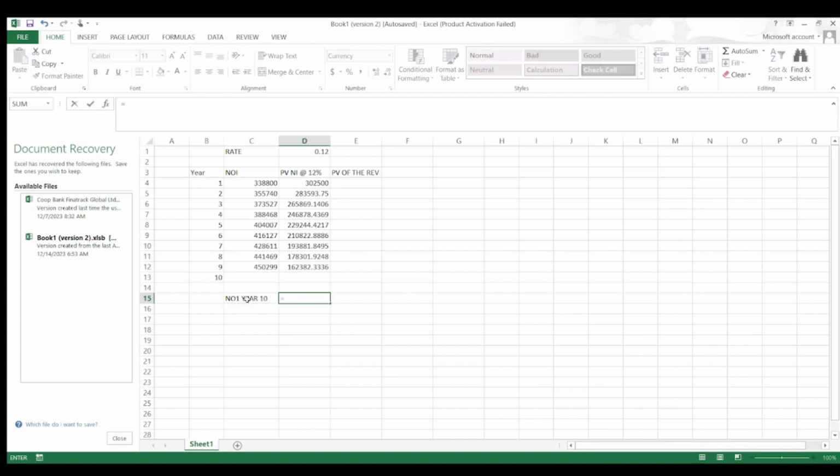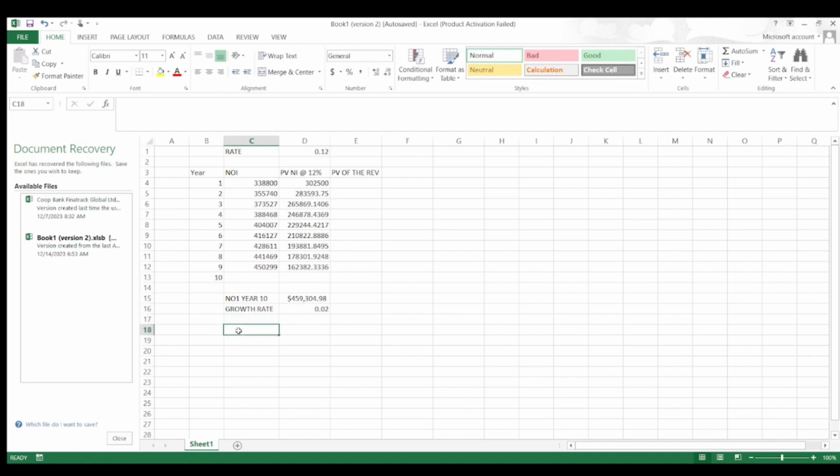So in this case, it will be this multiplied by 1.02, since 2% is the growth rate. And then we also need to note our growth rate, which is 0.02.